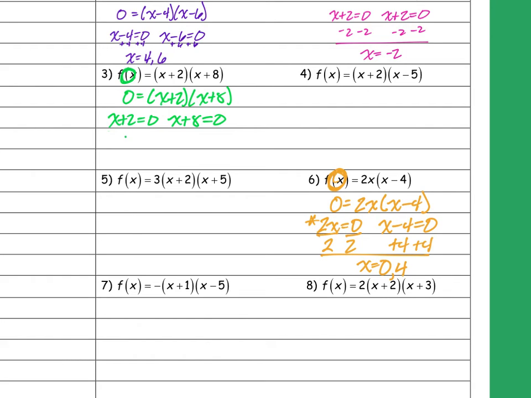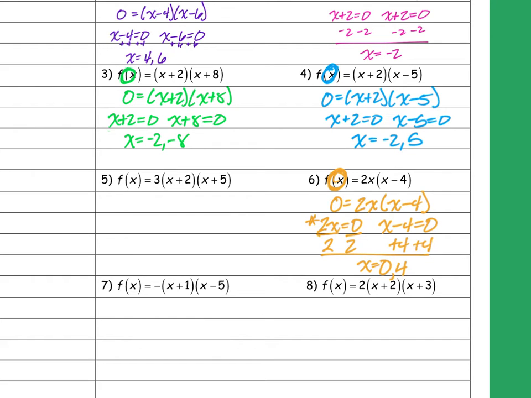So I've got x equals -2 and -8. And then here for number 4, I've got 0 equals x plus 2 times x minus 5. So x plus 2 equals 0, or x minus 5 equals 0. So x is going to equal negative 2 and positive 5.